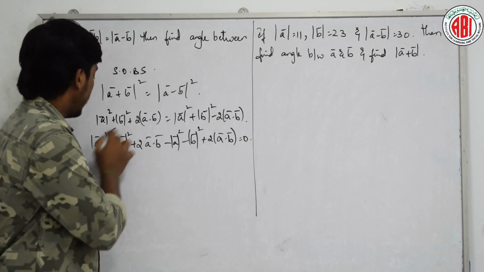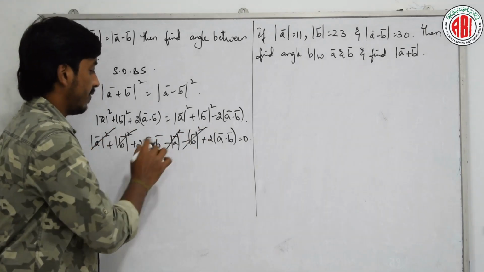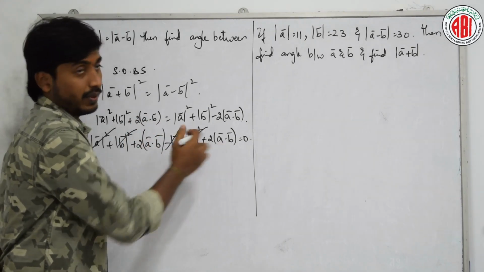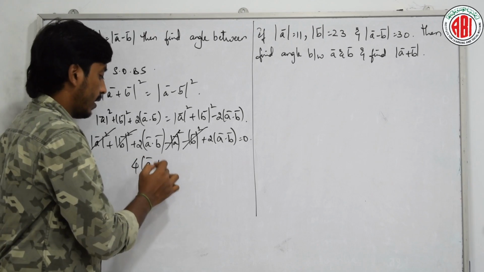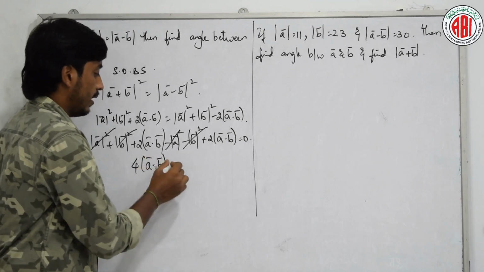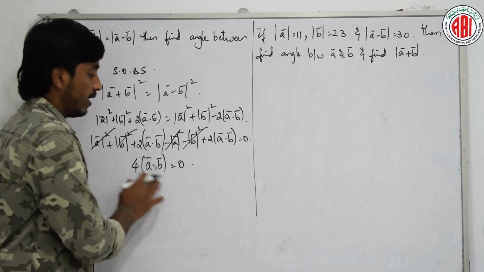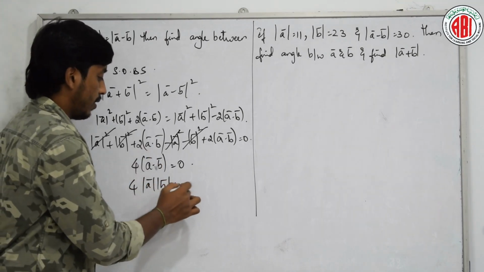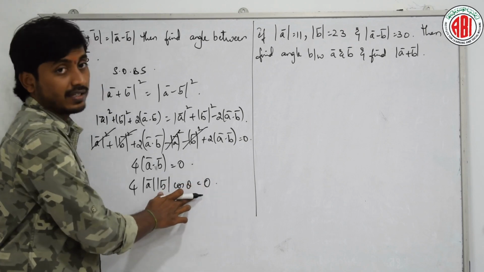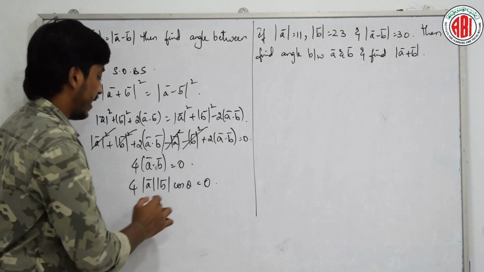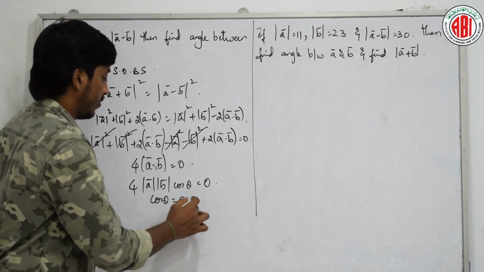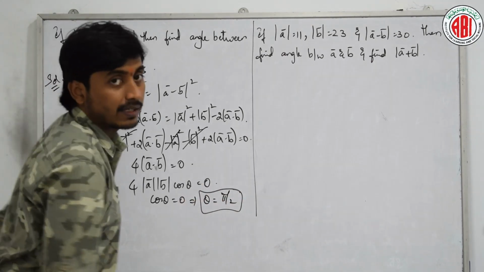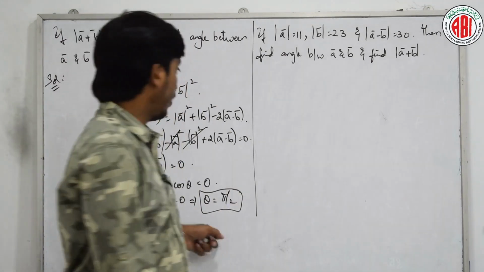Then if you observe, a square, b square will get cancelled. Then I will get 2 a dot b plus 2 a dot b, that will be 4 a dot b is equal to 0. Then what is a dot b? That is mod a mod b cos theta, if theta is the angle between both of them. Then if I send everything that side, then cos theta equal to 0, then theta will be pi by 2. Isn't it? Yes or no?